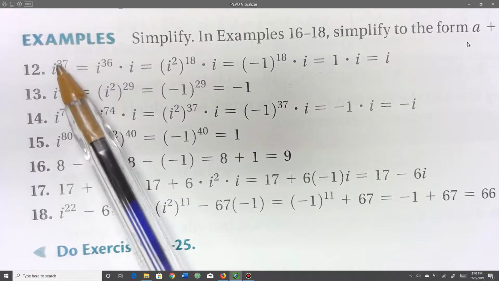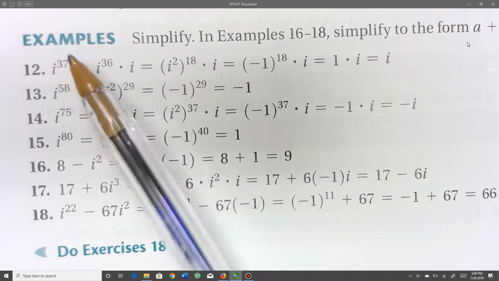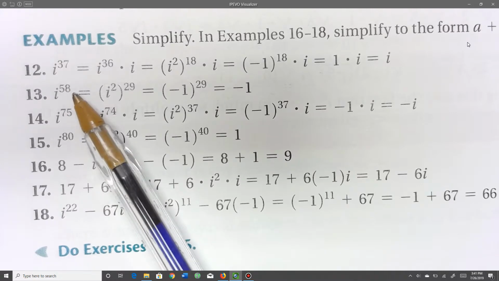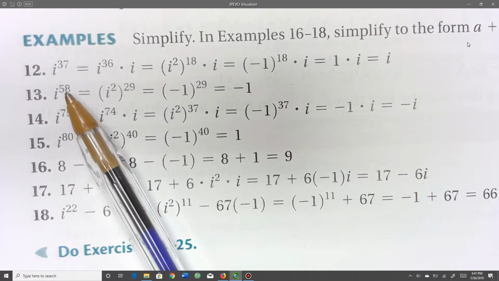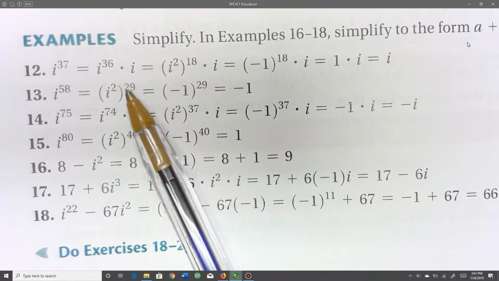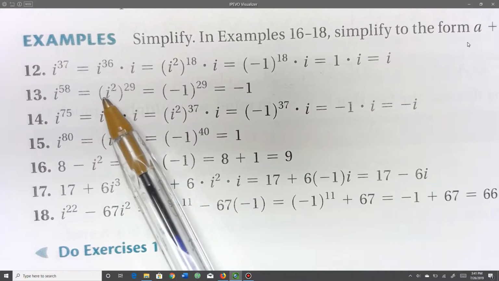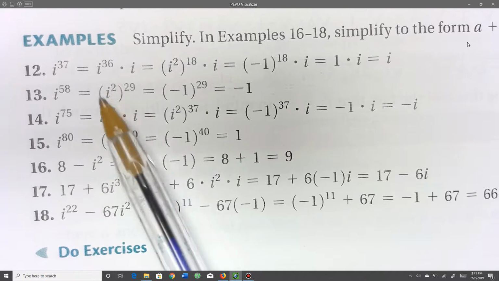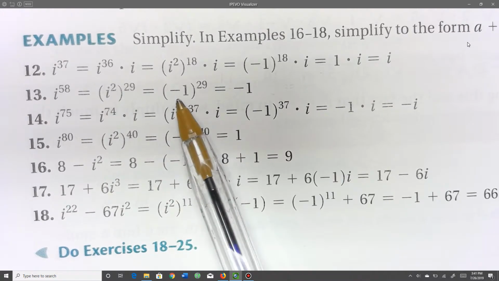Okay, so here again we still have odd values of odd exponents, even exponents. Again, what was the rule for even exponents? Well, in this case it's not so simple to see, because what we want to do is get an i squared as the square root, because we want to turn that into a negative 1.